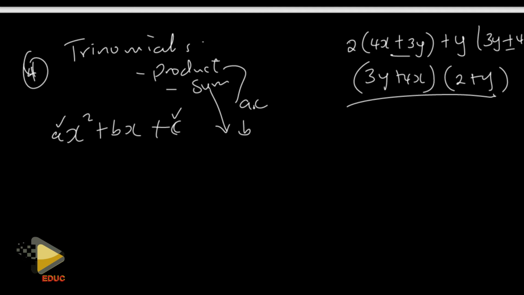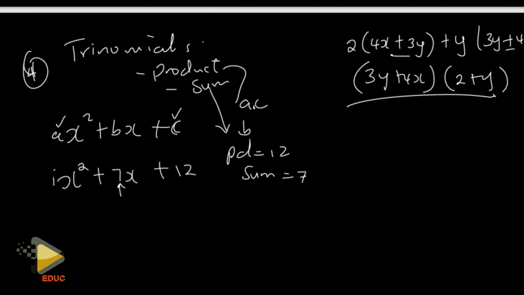So if I have just a plain simple example of x squared plus 7x plus 12. So usually aim at making the a 1, okay? But there are cases where a cannot be made a 1. So let's look at this. If we have just the one, this is going to be 1 times 12. So our product is 12. And then our sum is going to be this 7 here.